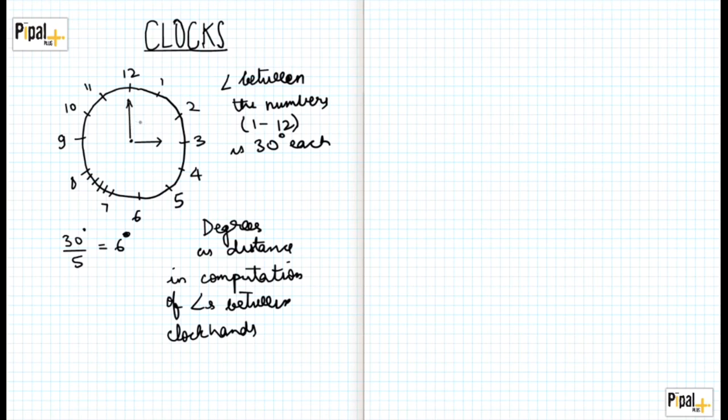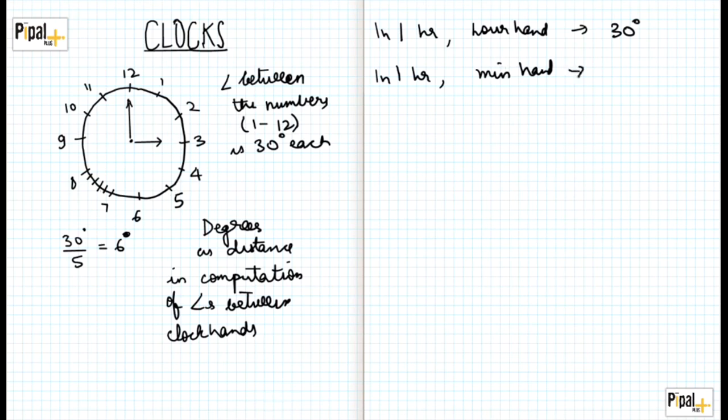Now, in 1 hour, in a time duration of 1 hour, the hour hand travels a distance of 30 degrees, right? In the same 1 hour duration, the minute hand completes one entire rotation, right? The minute hand moves all the way from 12 and comes back to 12.